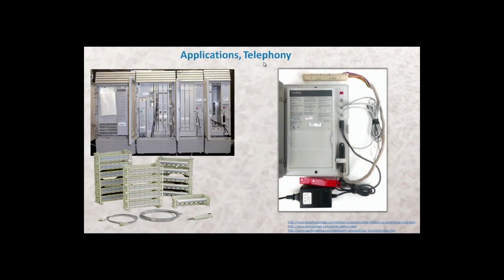Application for 25 pairs. Telephony. Basically, it's telephony. All right. Now you see here's a 25 pair connector. Now there's another connector here that's called RJ21X, Amphenol connector. Also, there is a way of terminating the 25 pair cables onto it, and this would correspond to that.